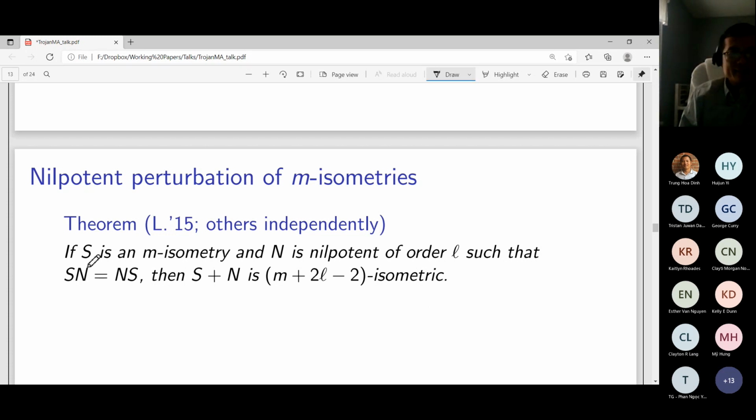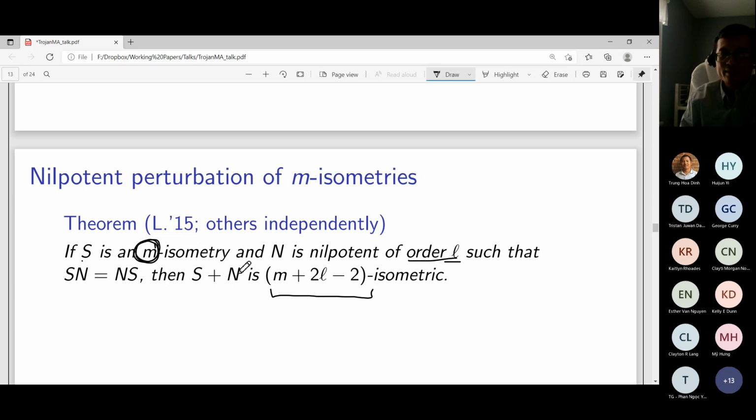So we begin with S, now an m-isometry. Recall that in the original result, they just have S as an isometry, but here we allow m-isometry. And N is nilpotent of order L as before, and they commute. Then the sum is an (m plus 2L minus 2)-isometry.